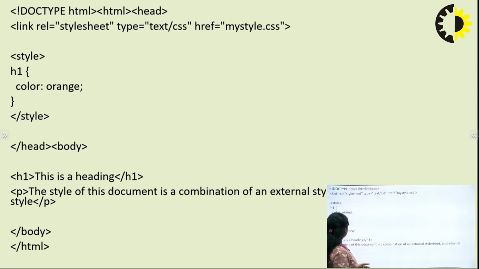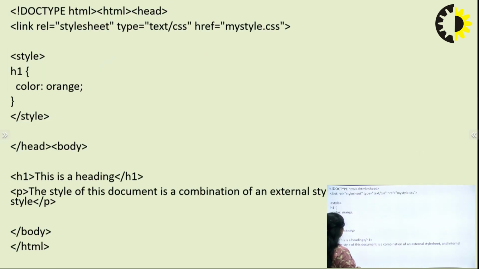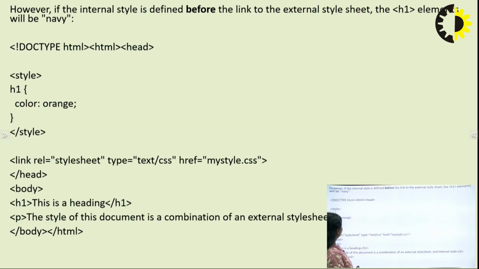Now this is a heading, and it will show that particular style. The style of this document is a combination of the external style sheet plus the internal style sheet. If the internal style sheet is defined before the link of the external style sheet, then the H1 element will be navy.